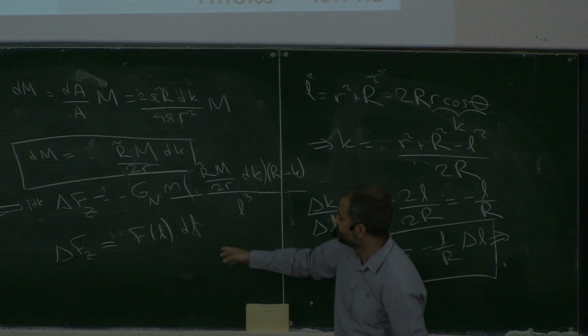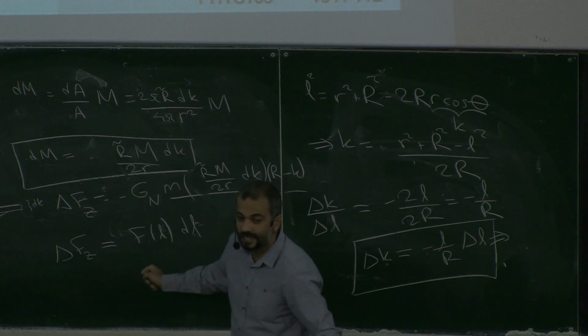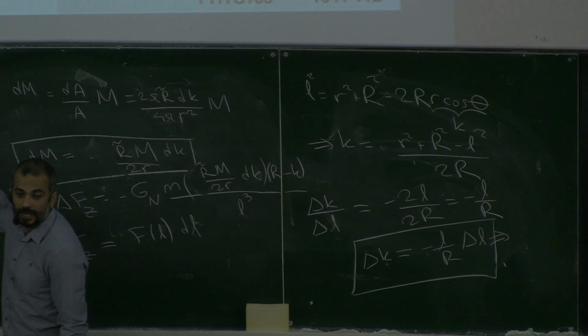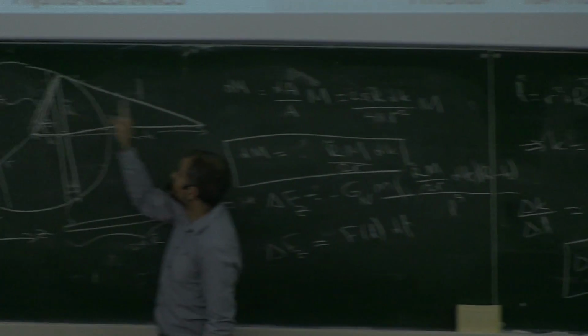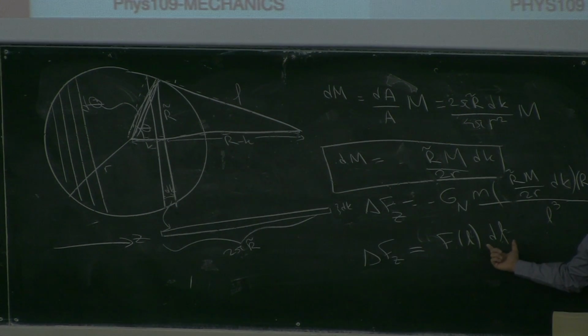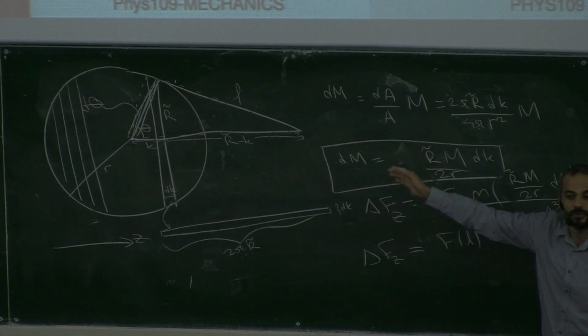So this is the force created by the ring located at a distance L from my mass. The edge of the ring is at a distance L from my mass, and the thickness of this ring is dl.